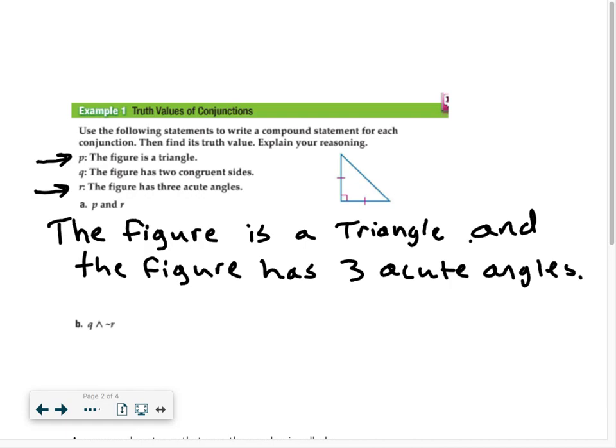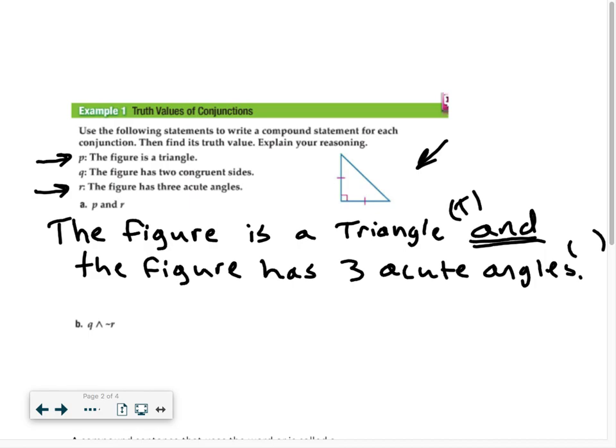And remember, I said "and"s are only true if both statements are true. Is statement P true? Is the figure a triangle? Yes, this is a triangle. So the first statement is true. When we're combining it with the next statement, the figure has three acute angles, is that true?